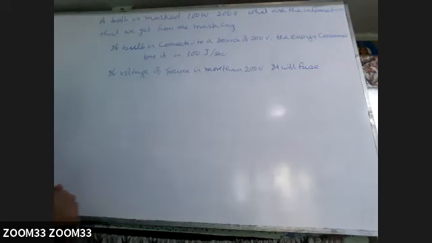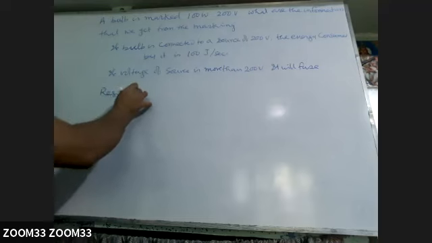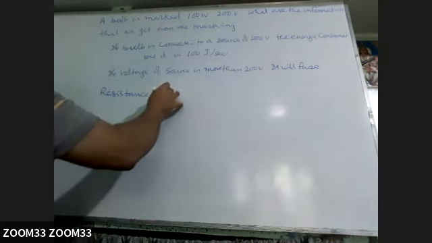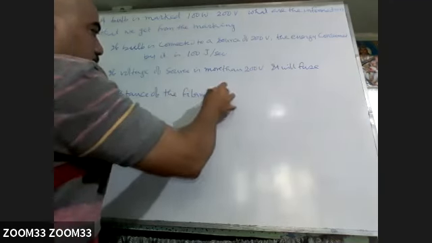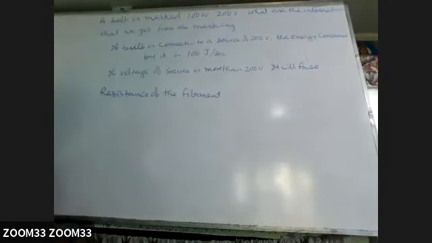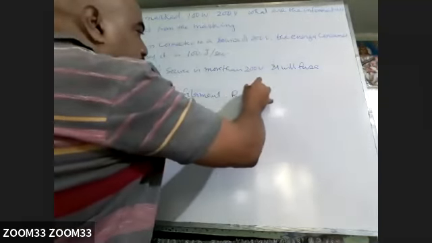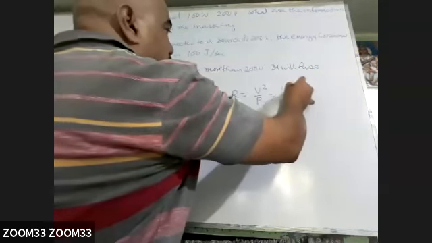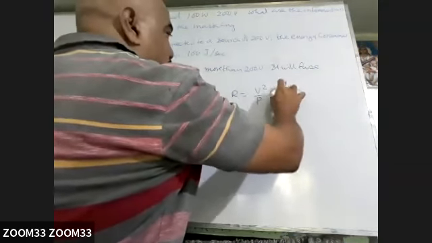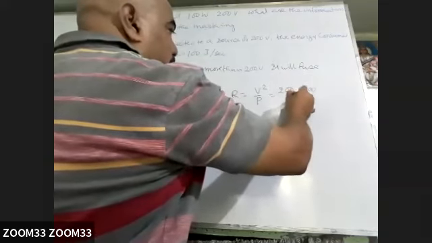Now, what is the other information? So, the resistance of the bulb. That we can find: V square over P. That is 200 into 200 by 100.